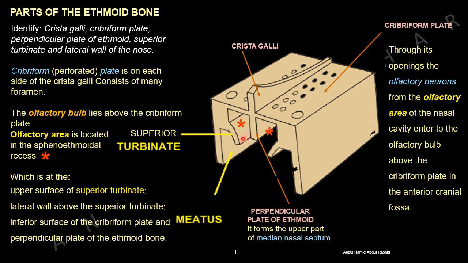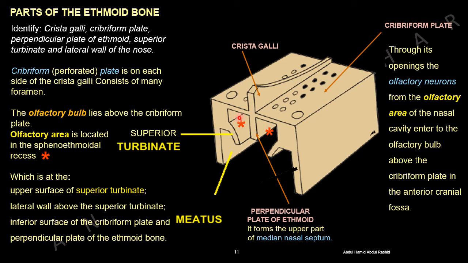If you see, it is the upper surface of the superior turbinate, the lateral wall above the superior turbinate, the inferior surface of the cribriform plate, and the lateral surface of the perpendicular plate of the ethmoid. This is the area where the olfactory area is located. This is the area for smell.